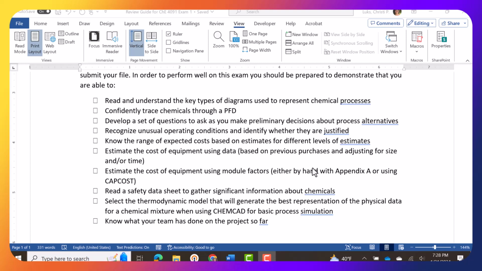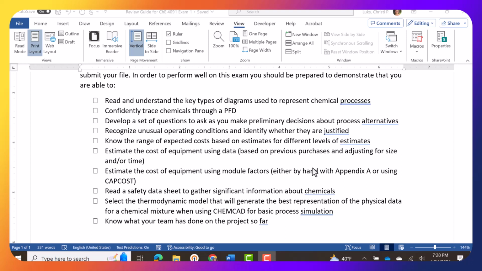So what we're going to be doing is we're going to take the recommendations that ChemCAD makes based on type of chemical, temperatures, pressures, etc. And then we are going to compare that data to our physical data that we were able to find from literature, okay? And know that maybe I need to add binary interaction parameters or something like that, or maybe choose a different package.